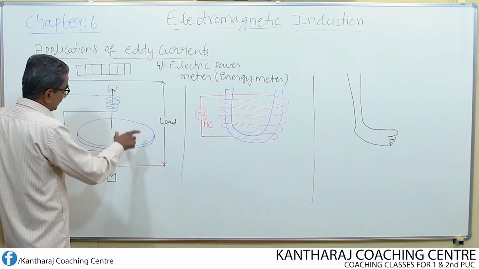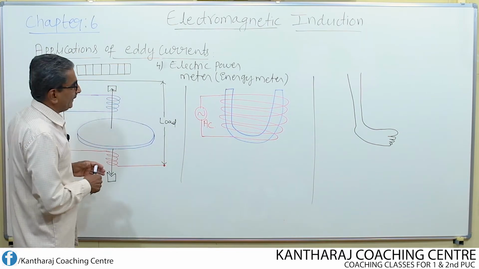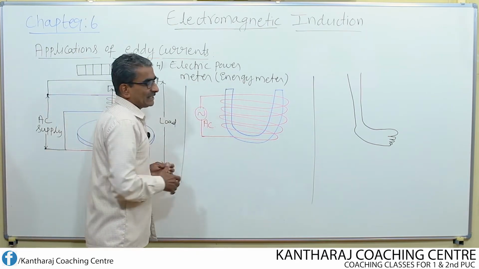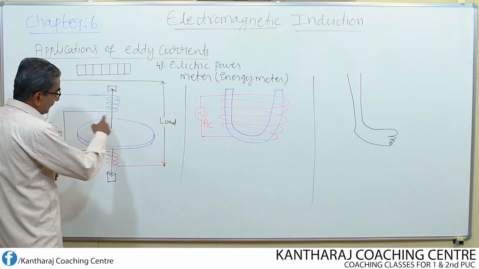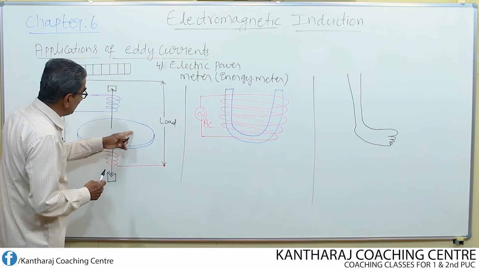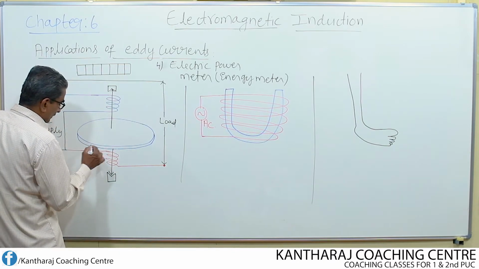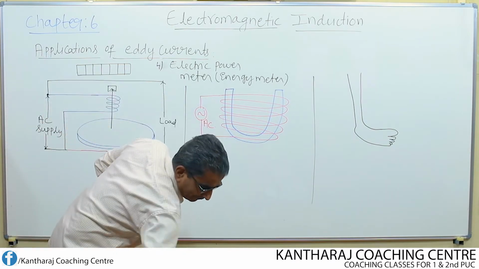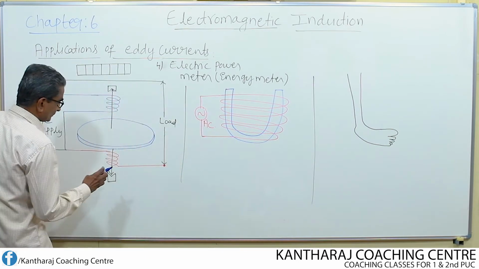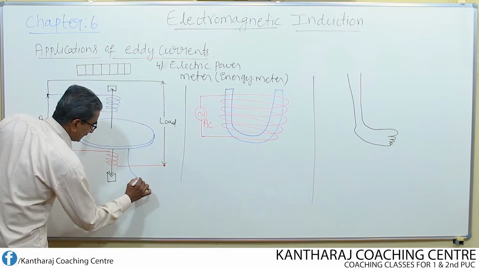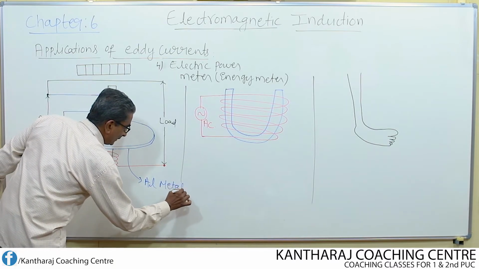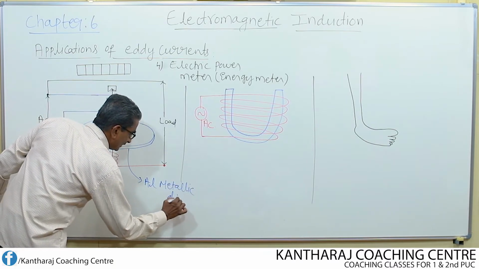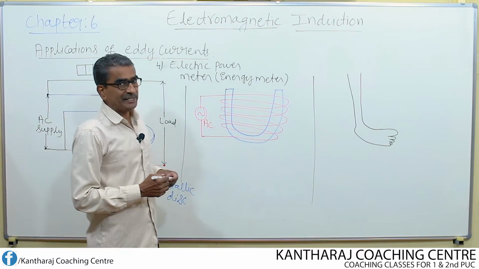See, this is one simple diagram of the electric power meter or energy meter. It consists of one metallic disc, an aluminum metallic disc, and it is a bit shiny.